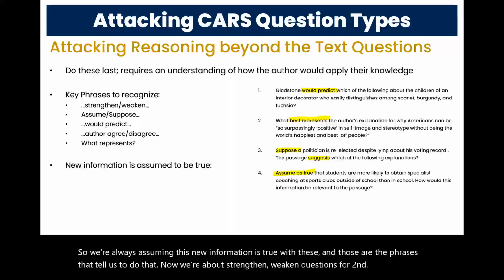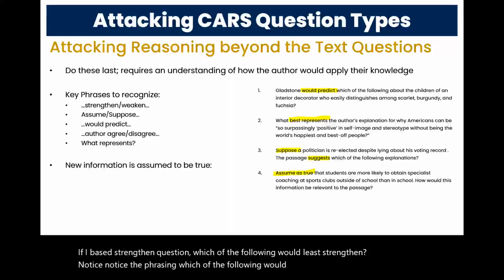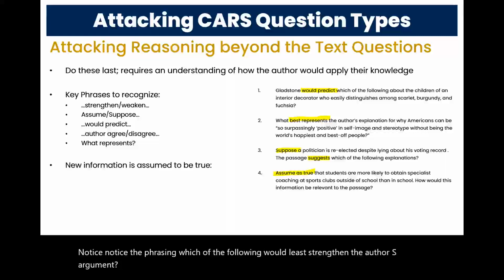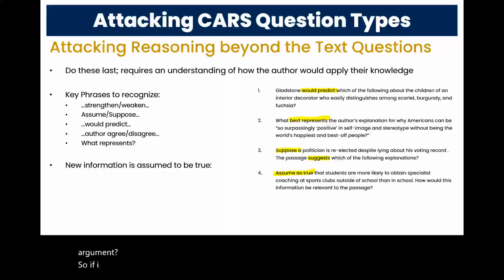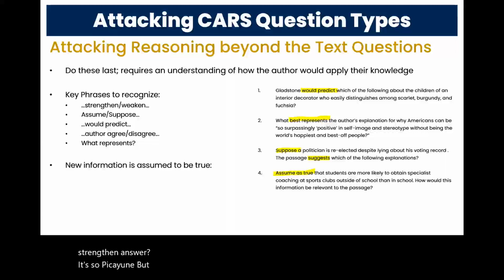If I have a strengthen question, which of the following would least strengthen? Notice the phrasing. Which of the following would least strengthen the author's argument? So if I have an answer that weakens the author's argument, is that a good answer for a least strengthen answer? It's so picayune, but no, it does not. Because if it weakens it, it does not strengthen it.